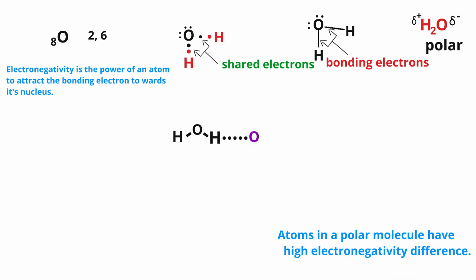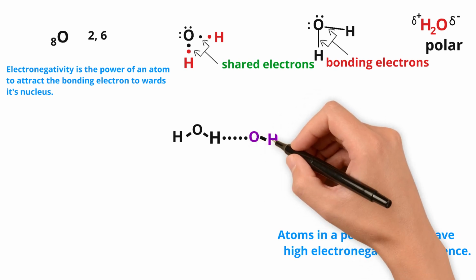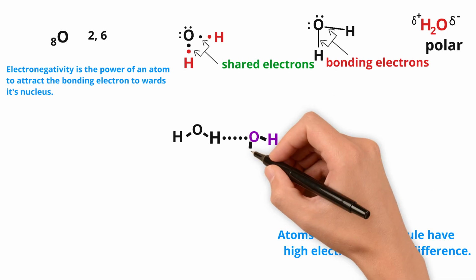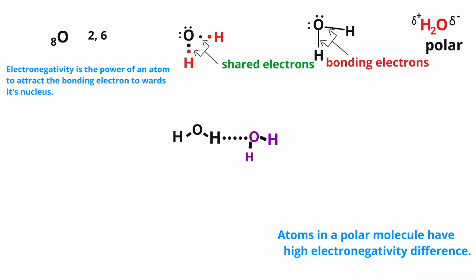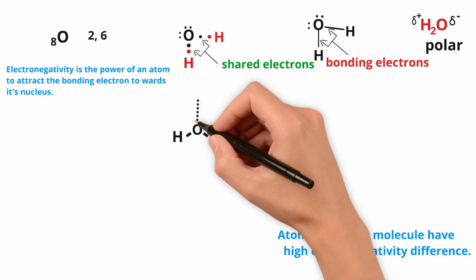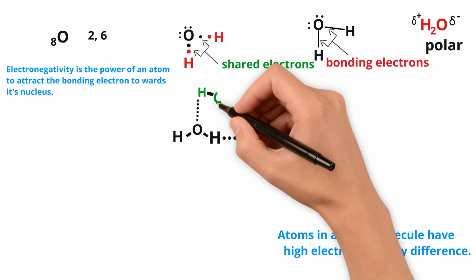As I told you, hydrogen carries a partial positive charge and oxygen carries a partial negative charge. Therefore, these two partial charges attract each other by intermolecular force. Again, these water molecules form intermolecular force with other water molecules.